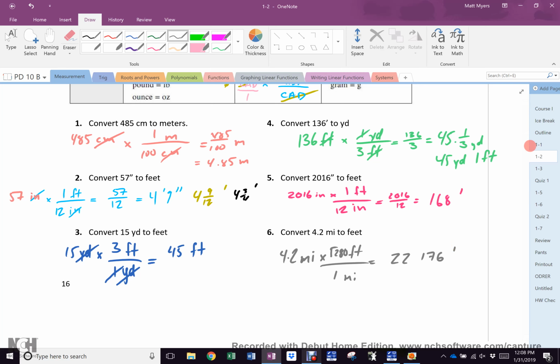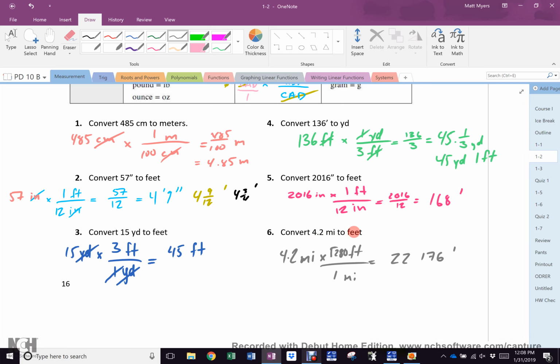Now, hey, ladies and gentlemen, should you ever not know if you're right? You shouldn't, should you? Because obviously if I'm converting miles to feet, there is a lot of feet in a mile, yes?